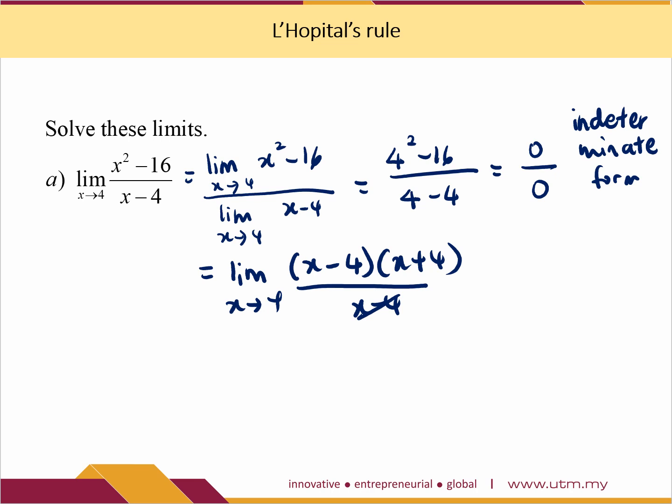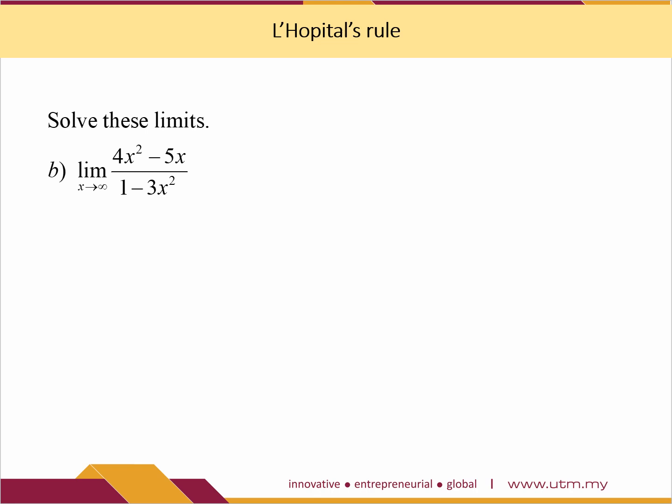So we can cancel this out. Now we can substitute x equals 4 into the function, where we get 4 plus 4, which is equal to 8. So the answer for this question is 8. Now let's see another example.